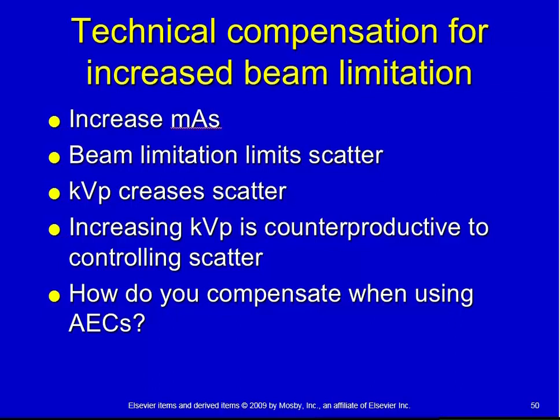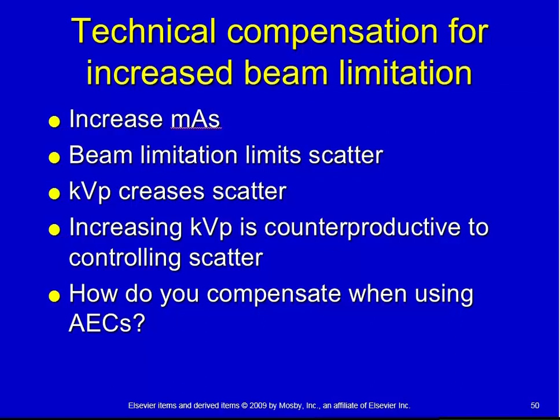So how you compensate when you're using AECs is you don't do anything. If you increase your collimation, then again, your photocells can't really differentiate between scatter radiation and transmitted X-ray photons that are non-scattered. Your phototimer is just a radiation counter. So if it receives enough radiation, regardless of whether it's scatter or non-scattered photons, then it terminates the exposure whenever it gets to the desired quantity of exposure.